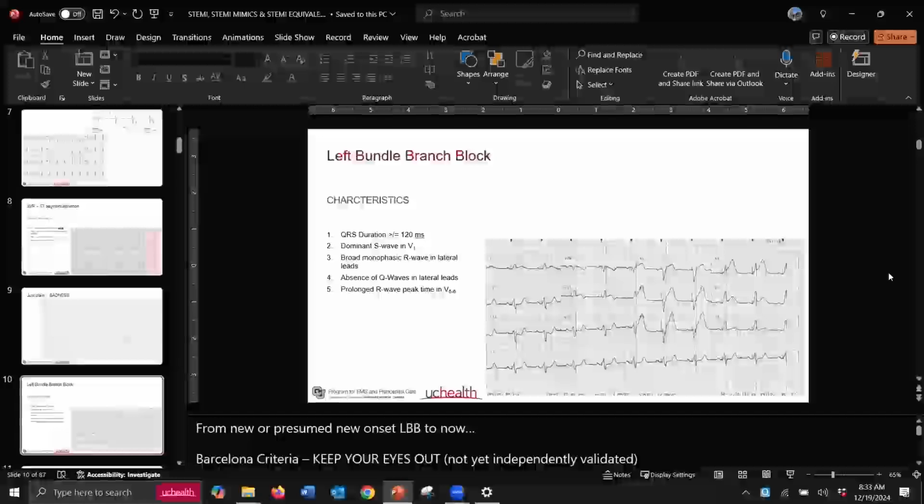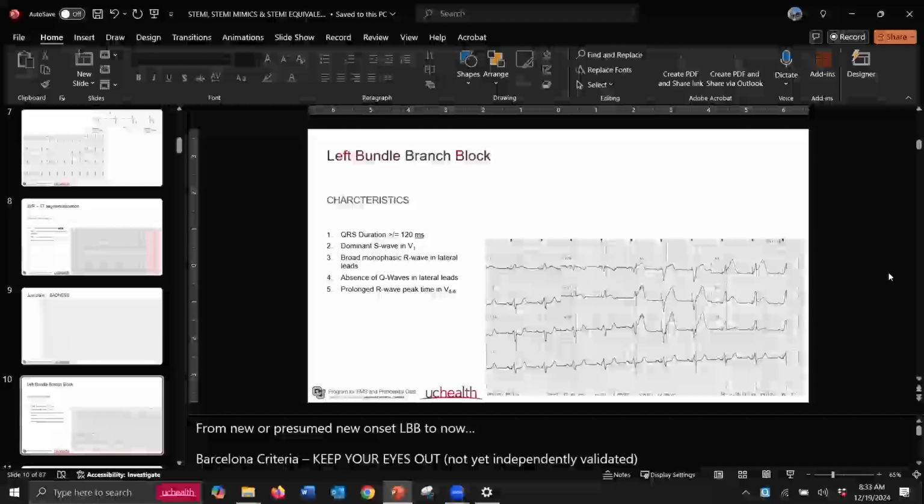You can have a widened QRS greater than or equal to 0.12 seconds. Your QRS duration may be a week and a half long. I think the highest QRS duration I've ever seen was 0.26 seconds.